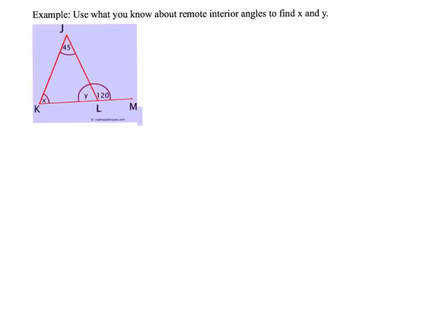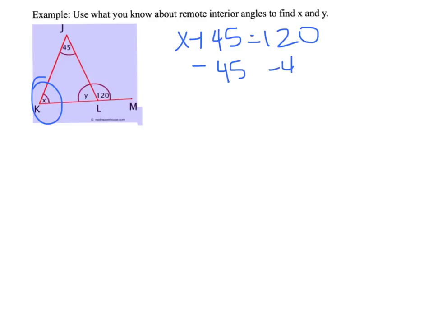So go ahead and see if you can try this one on your own, and then come back and see if you got it right. I'm going to go ahead and start. So we are going to use our alternate interior to find x. So we have x plus 45 equals 120. We're going to minus 45 from each side. X equals 75.